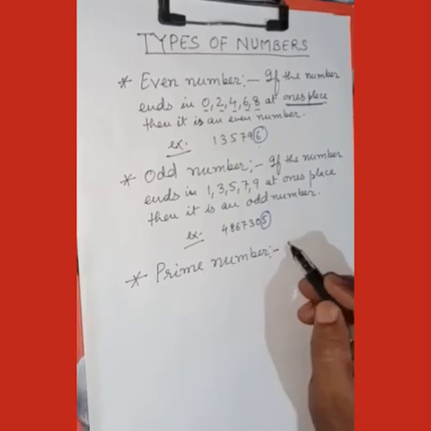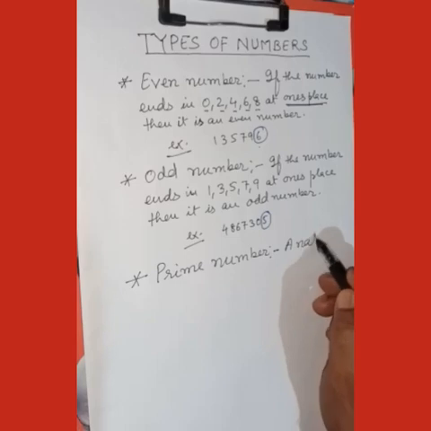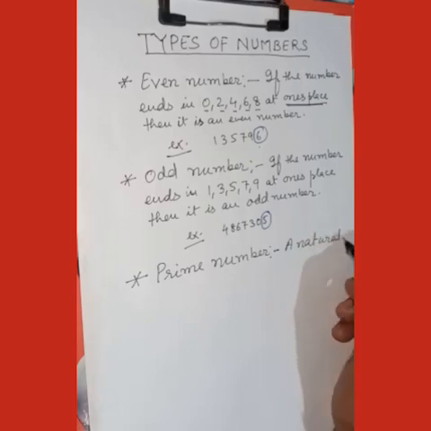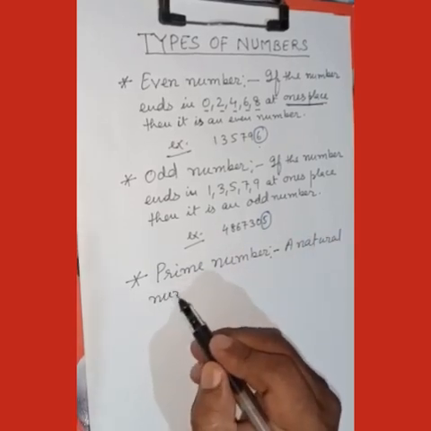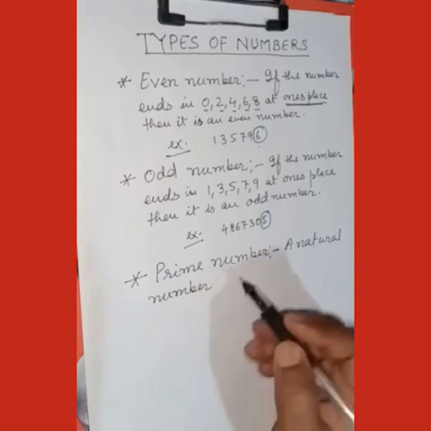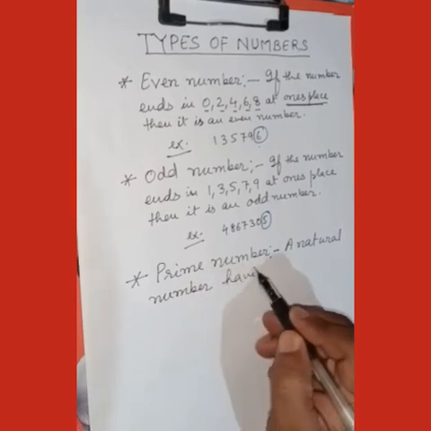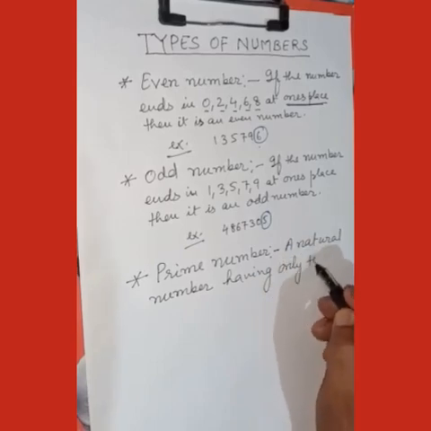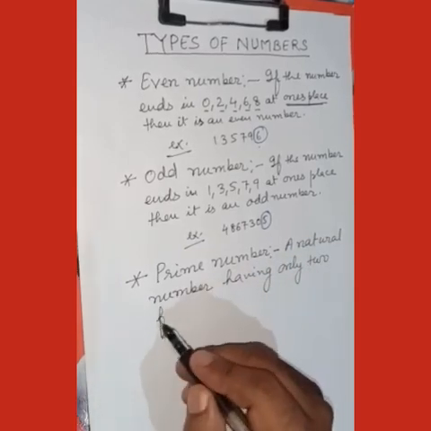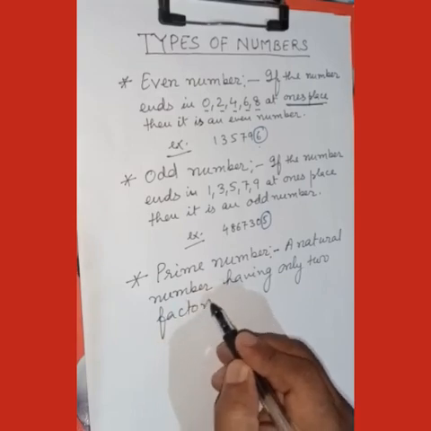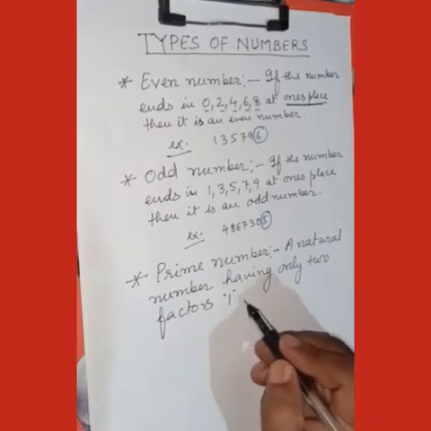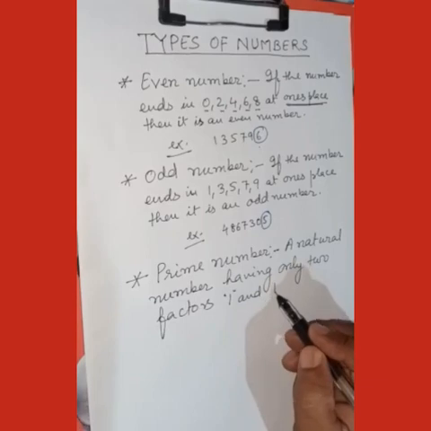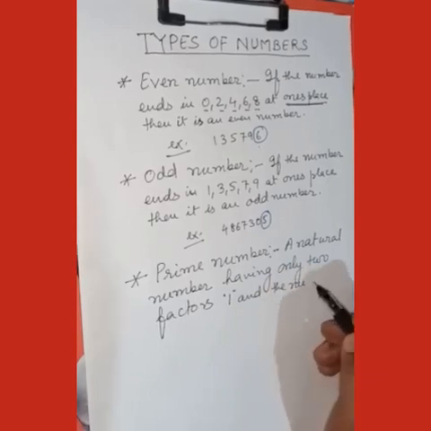Now we can say a natural number having only two factors, 1 and the number itself.